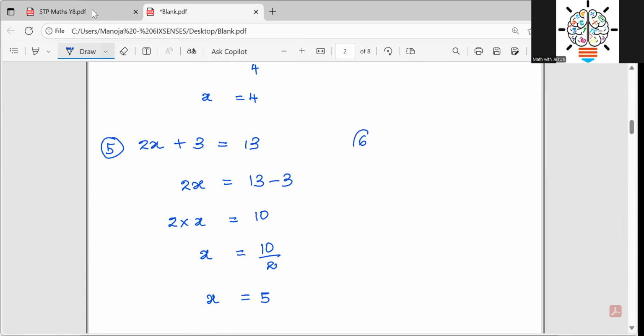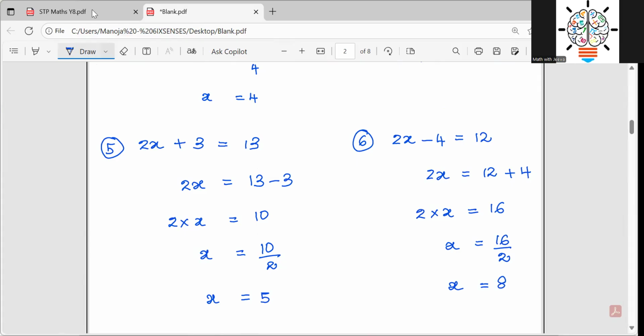And on the other hand, let's say you have something like this, 2x minus 4 equal to 12. You keep 2x here and you bring that negative 4 to the other side, positive 4. 2x means 2 times x equal to 16, and x is equal to 16 divided by 2, then x is equal to 8.